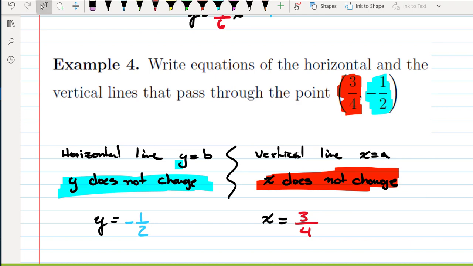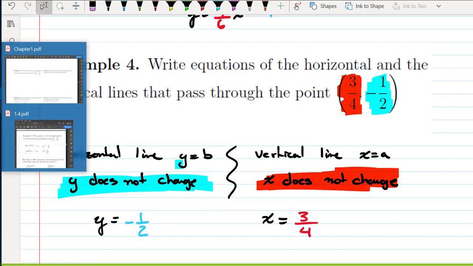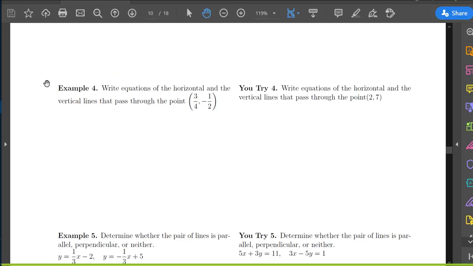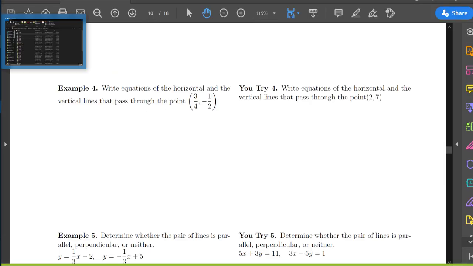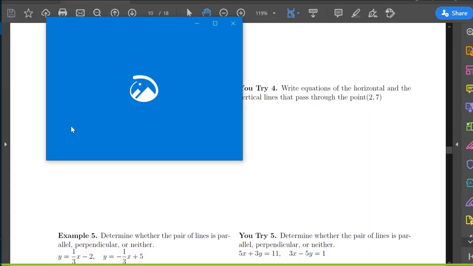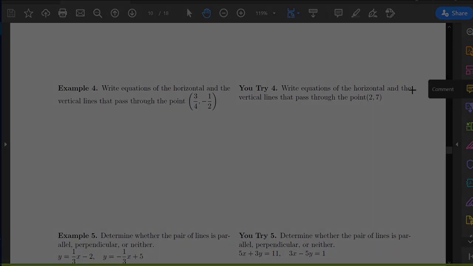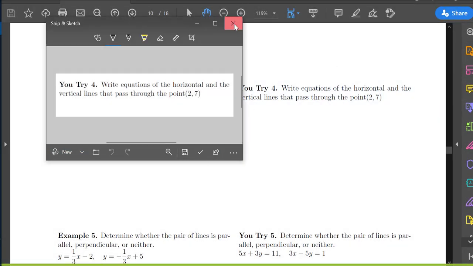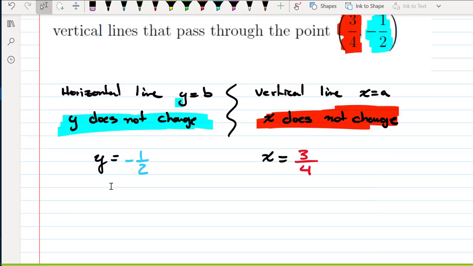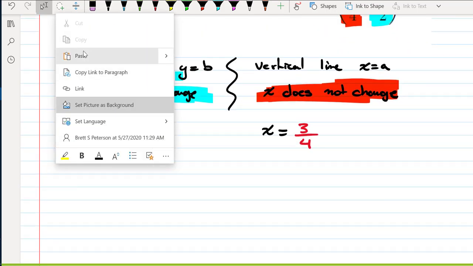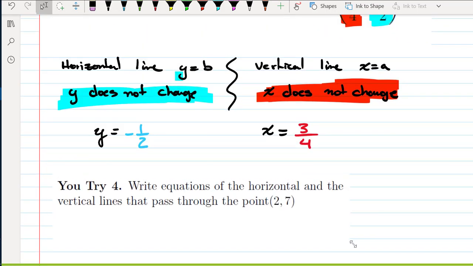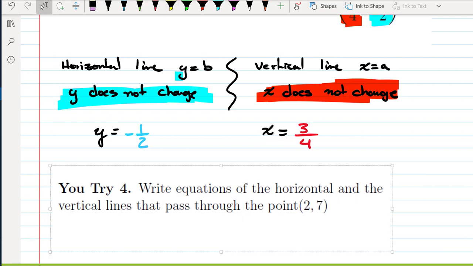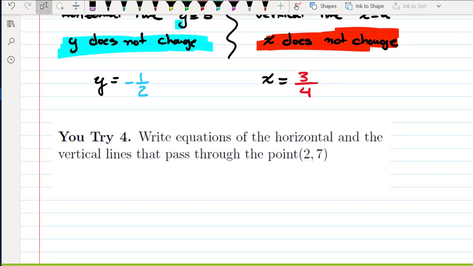All right, so for the U-try, I'm not going to put us in rooms, but I want you to go ahead and write down the equation of the two lines. So the vertical and horizontal line that go through the point (2, 7). All right, so what is the equation of our horizontal line going to be?